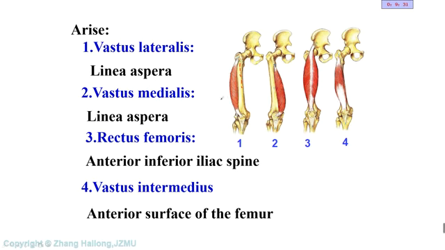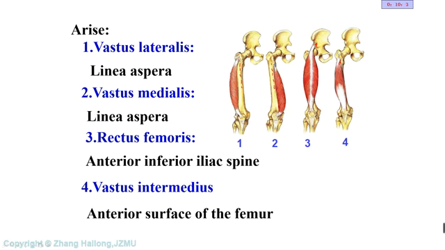And the vastus medialis is from the medial side of this linea aspera. And the rectus femoris, in front of the femur, is from the anterior inferior iliac spine, from the ilium, going downwards. And the last one, vastus intermedius, is from the anterior surface of the femur.